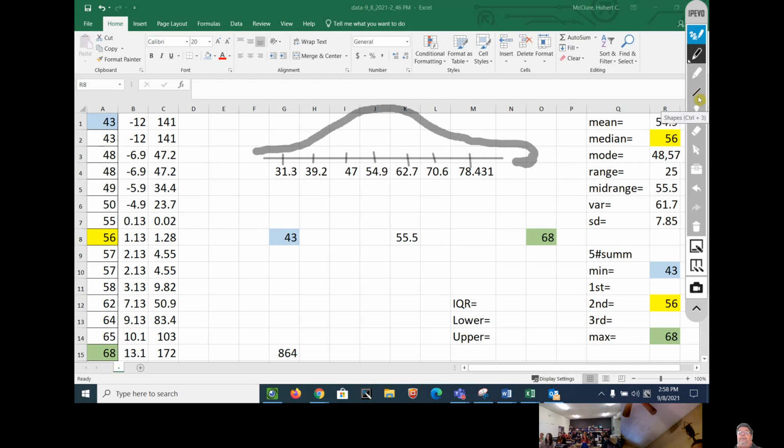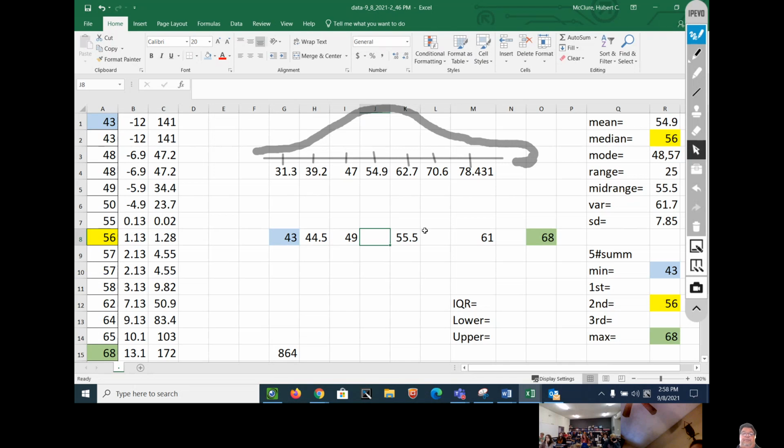Well, half of, let's see, 43 to 55 is what? 12. Half of 12 is 6. So that'd be 49 right there. 6 right here would be what? 61. And then what would this be? 41 and a half or 44 and a half.